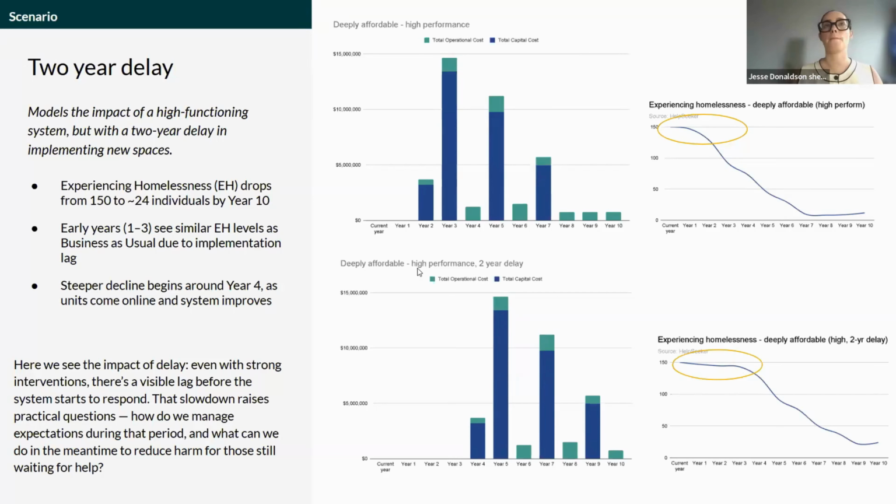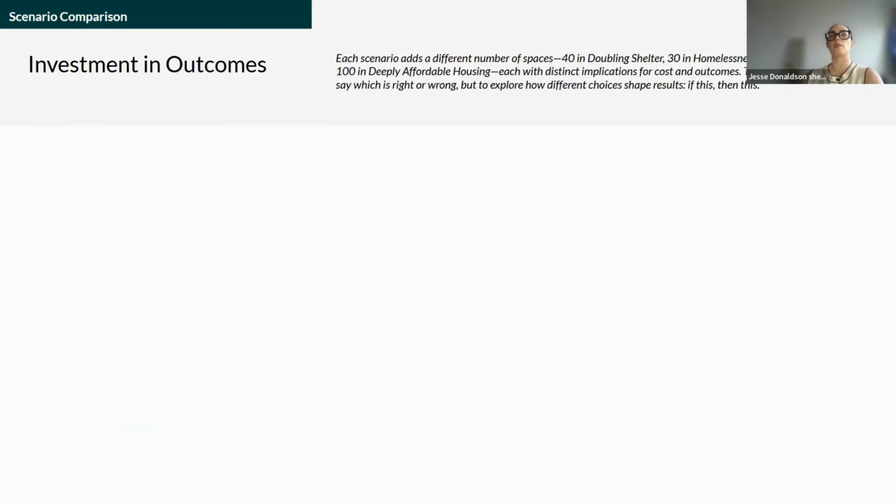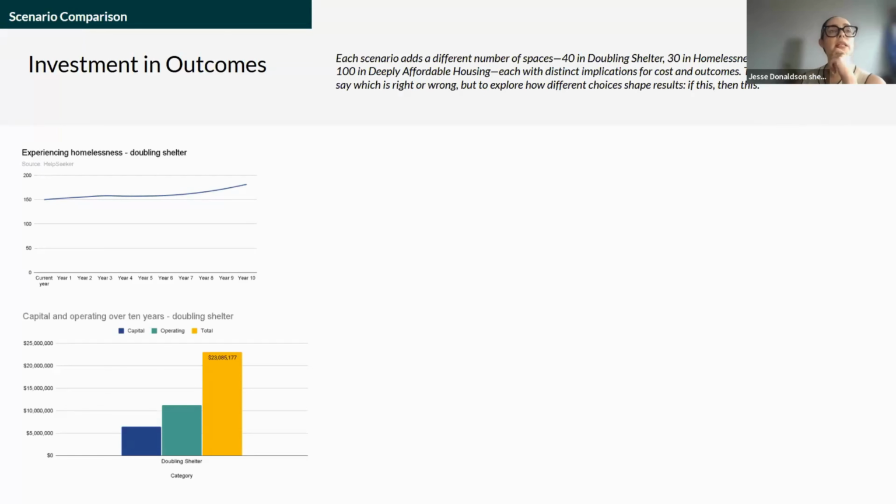I didn't talk much about cost, but I did want to show you the kind of difference between 3 of the scenarios. So we added 40 in the doubling the shelter capacity scenario. We added only 30, excuse me, in the homelessness support scenario. And then we added 100 in the deeply affordable housing. So here we can see the outcome for, it's about 23 million over 10 years.